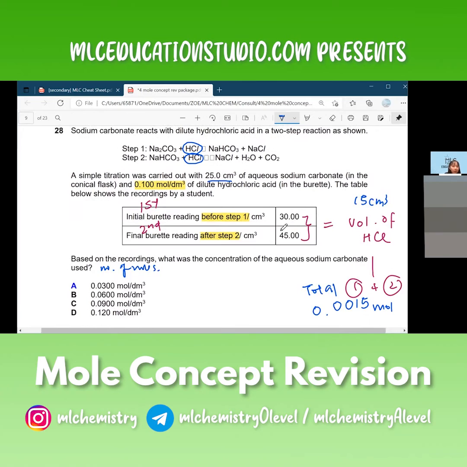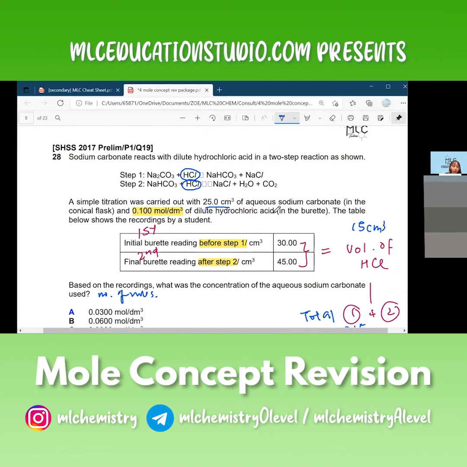Okay, for two-step titration, this kind, they will finish reacting with the first one first. If you realize that HCl reacts with both Na2CO3 and NaHCO3, these two, they will react with all the Na2CO3 first.